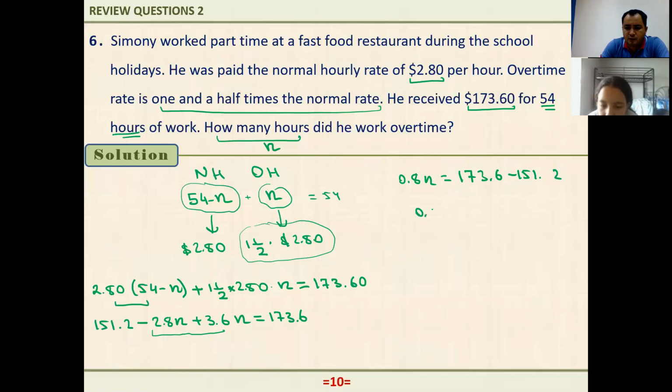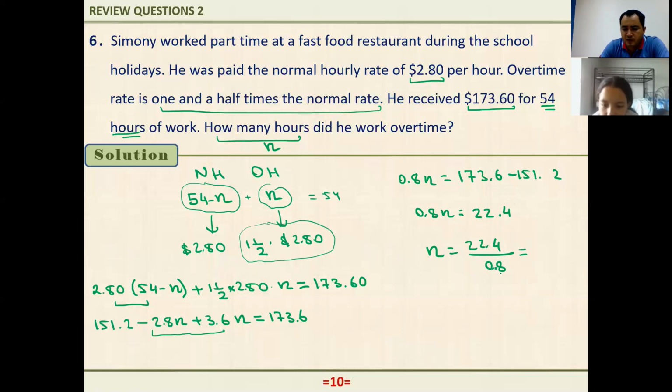So here we have 173.6 minus 151.2 equals 22.4. So n equals 22.4 over 1.4.